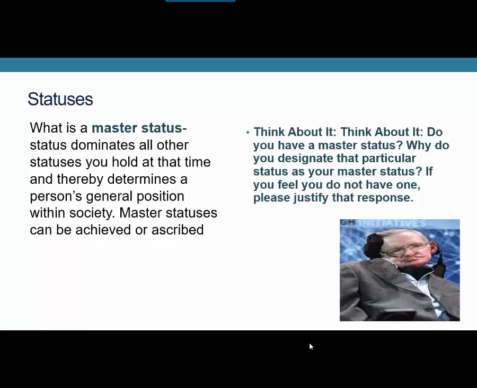But the main point here is if you don't have a master status, don't feel bad and don't feel as if you've got to have one, because a lot of people in society don't. We just have a whole bunch of statuses that we hold at one time without there being a master.